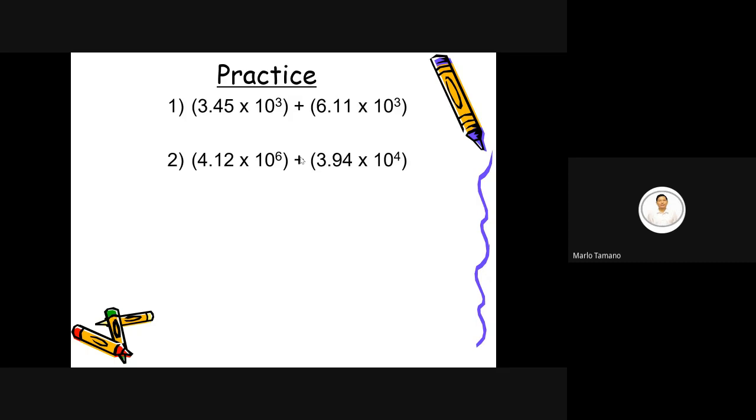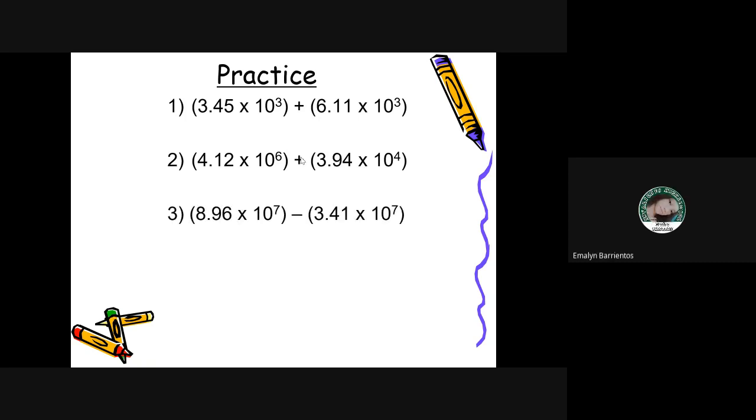So, 4.1594. Yun ba nakuha nyo? Ulitin ko, 4.1594. Tama? Times 10 to the 6 power. Okay po? Next, number 3.